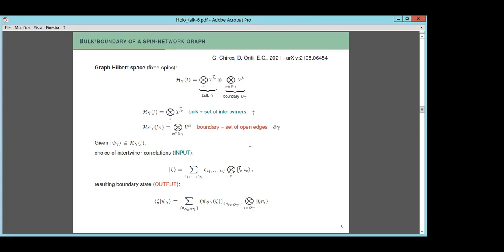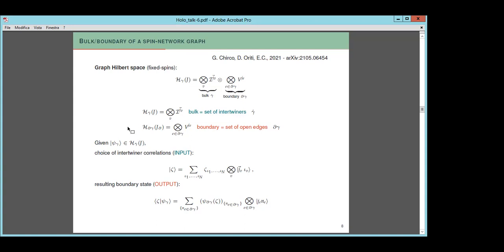explaining that every state associated to a spin network graph can be seen as a map between the bulk and the boundary degrees of freedom. Here we see there is a space associated to a certain graph. It is given by the tensor product of the intertwiner space associated to the vertices and the representation space associated to each boundary edge.